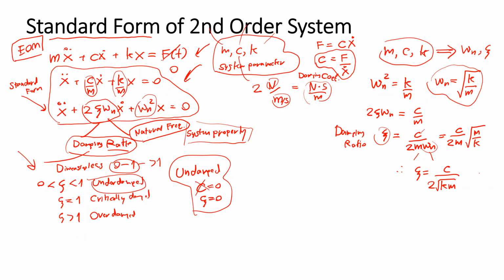So if you know the k, c, and m of your system, you can compute the natural frequency by square root of k per m, and the damping ratio by C per 2 square root km.